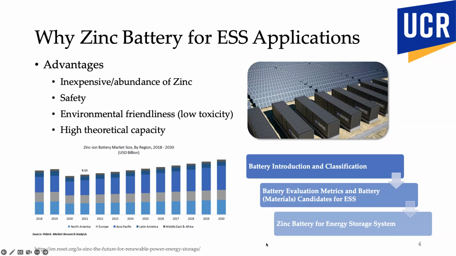Then we focused on why zinc batteries: why zinc is promising and why zinc can match those strict requirements for ESS. In the next video, we will dive deeper into zinc batteries, and talk about the current challenges and potential solutions.